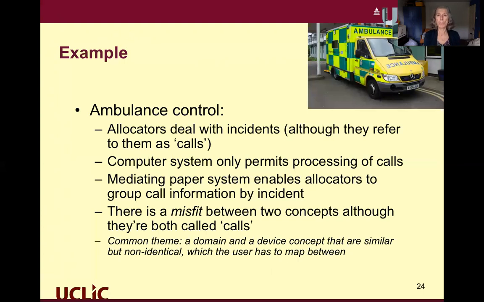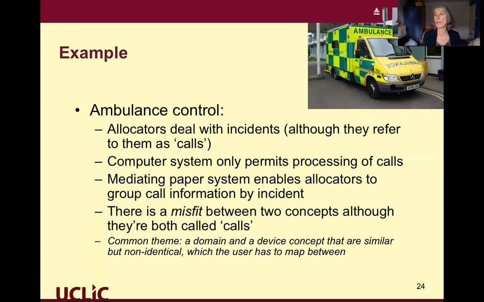And they would then group those bits of paper together to reason about it as one incident rather than as responding to every single call. And so what we identified is a misfit between two concepts that were both referred to as call within the control room. So one was an actual telephone call with the information that it contains, and the other is the incident, the real world thing that has happened out there that is described through one or more calls.